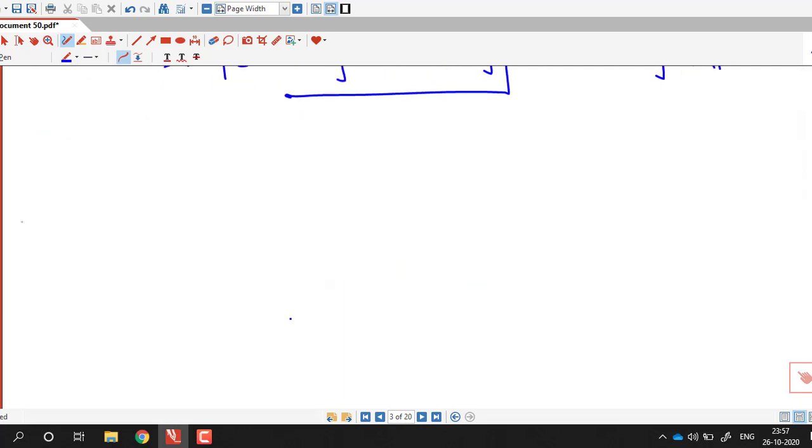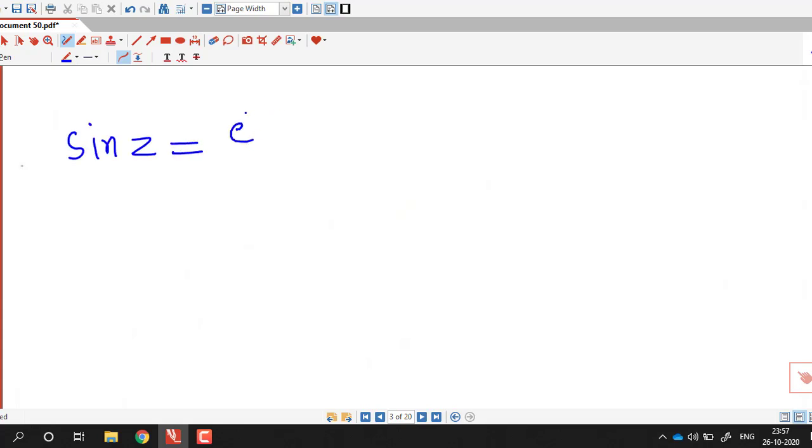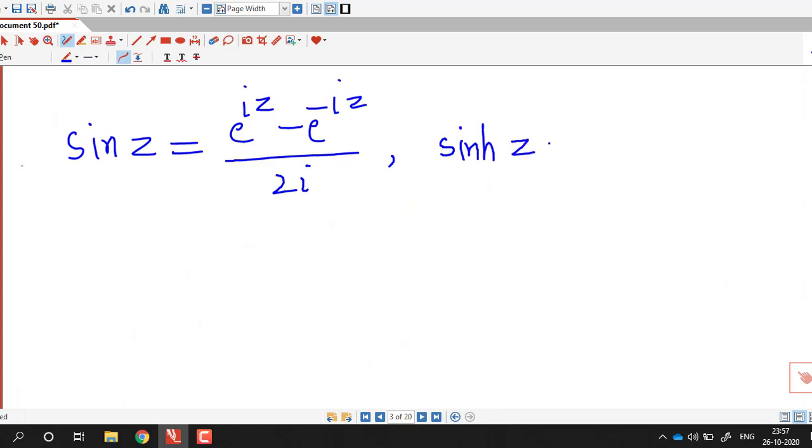Now a similar result holds for the sine function. So the definition of the sine function is sin z is e raised to iz minus e raised to minus iz over 2i, and sine hyperbolic z is e raised to z minus e raised to minus z over 2.